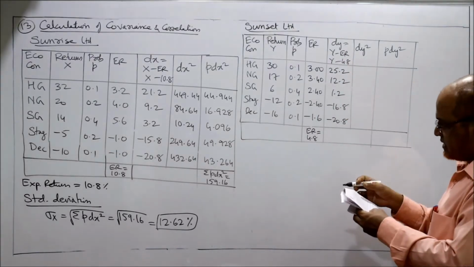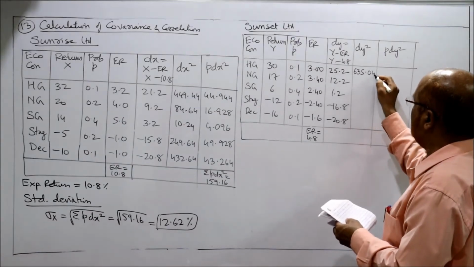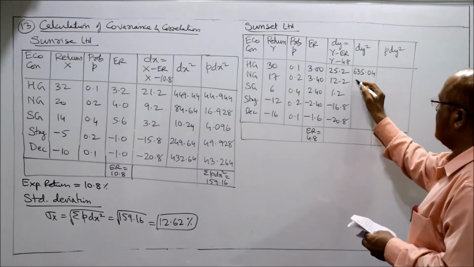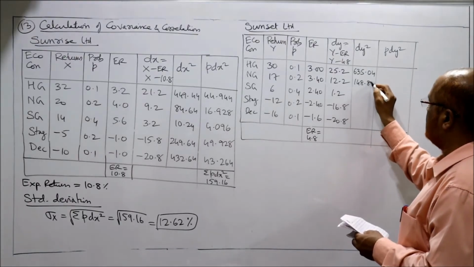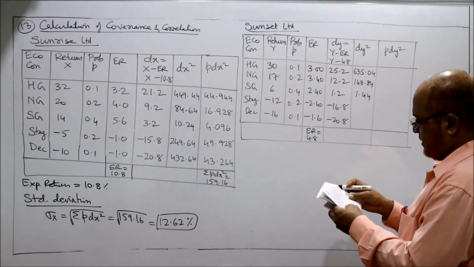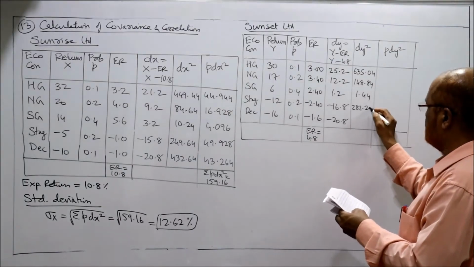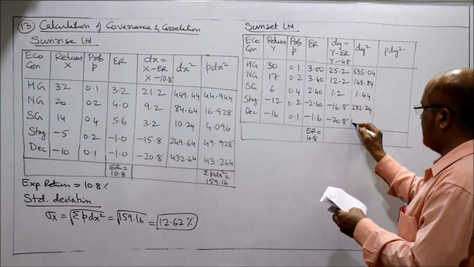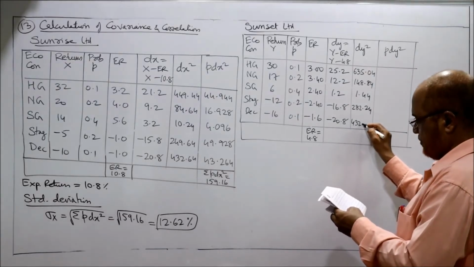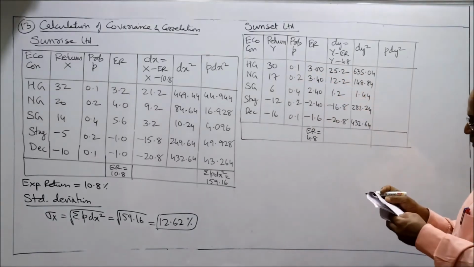Now squaring these: 635.04, 148.84, 1.44, 282.24, 432.64. Now multiply this dy square with probability.